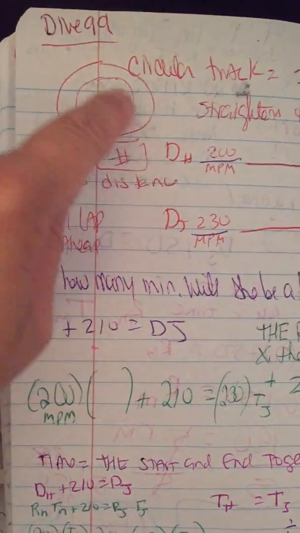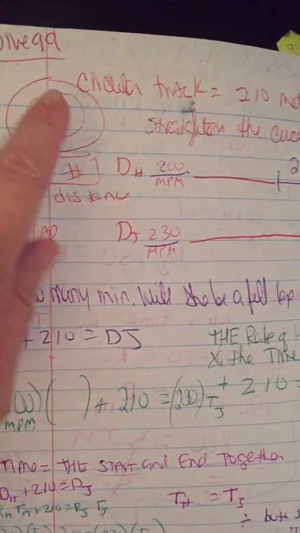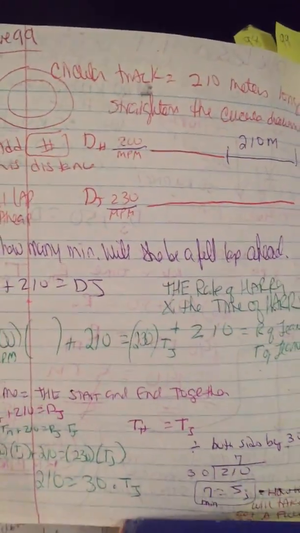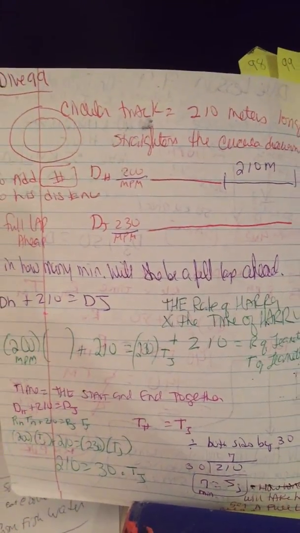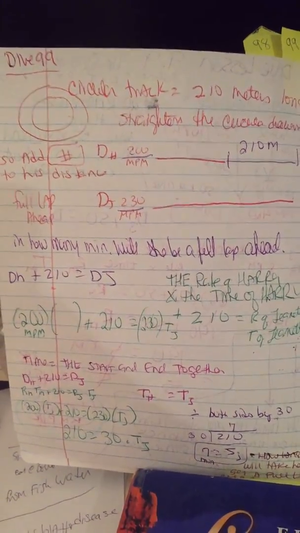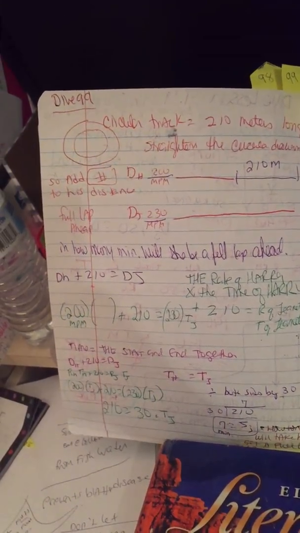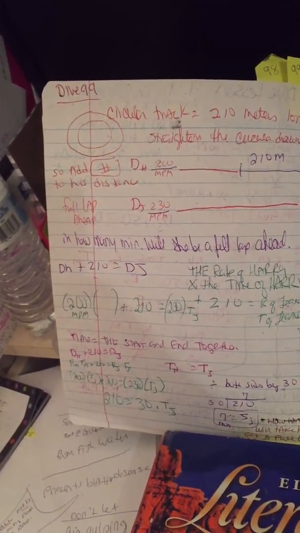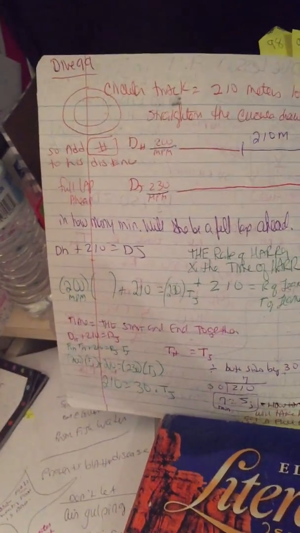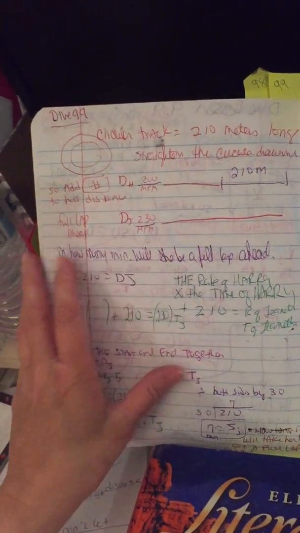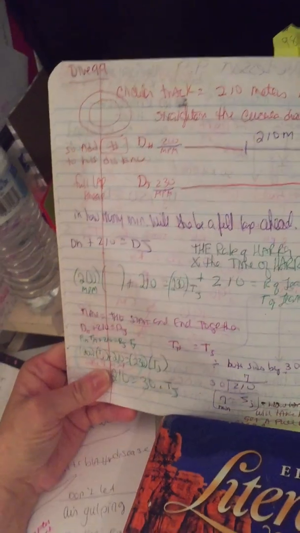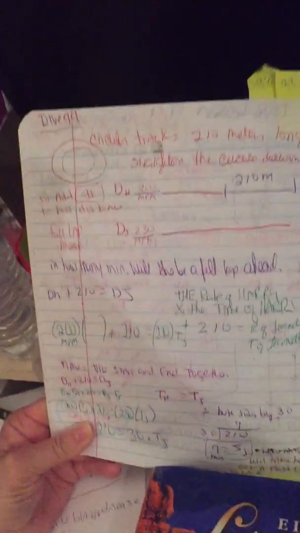This is a track. It's a circular track going round and round. But if you lay it out flat, you will have a better way to calculate how long it is. The circular track is 210 meters long, and if you straighten the circumference, we're going to add the number to the distance.